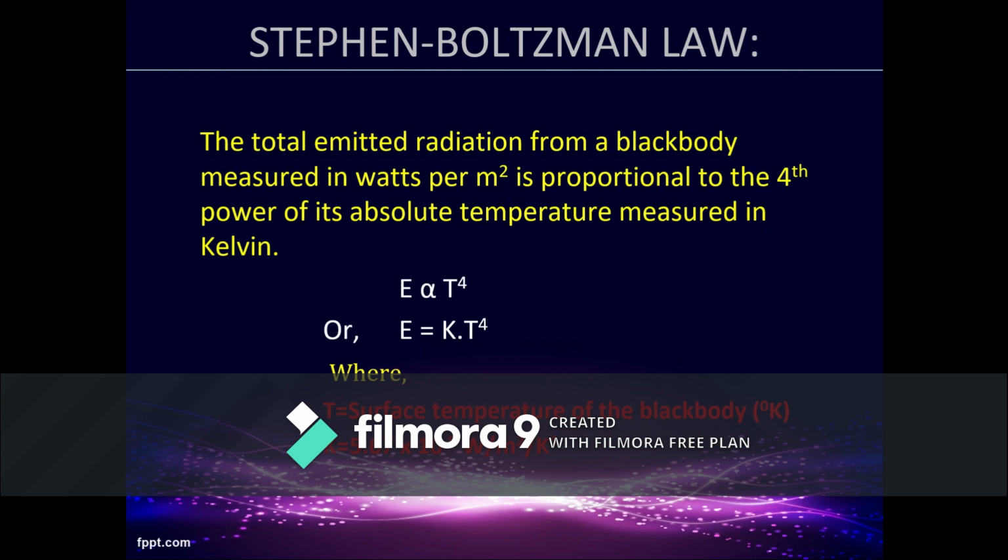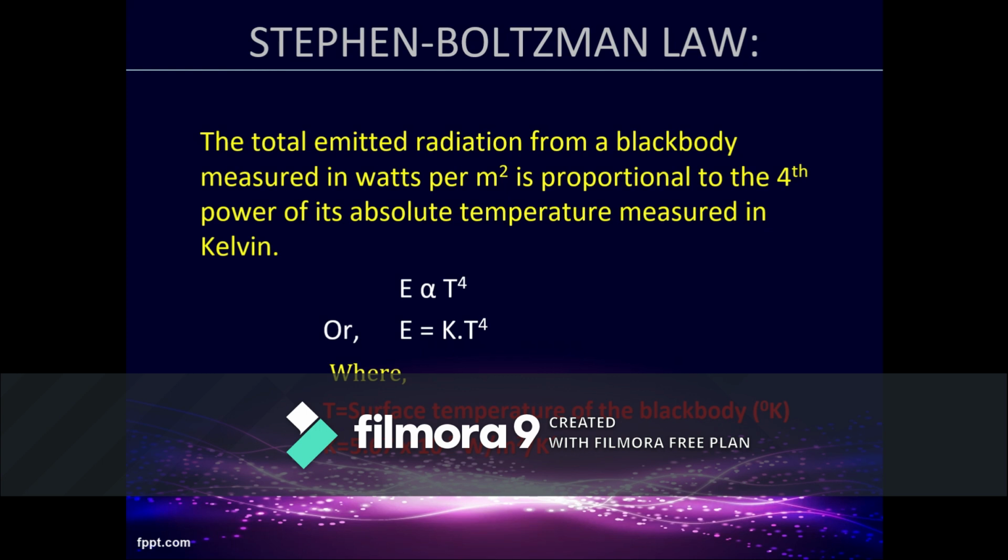So, the important thing to remember is that the amount of energy emitted by an object such as the sun or the earth is a function of its temperature, meaning absolute temperature. The greater the temperature, the greater the amount of radiant energy exiting the object.